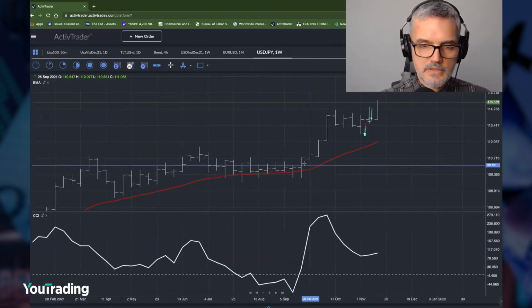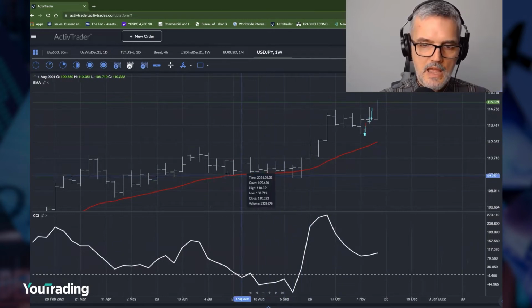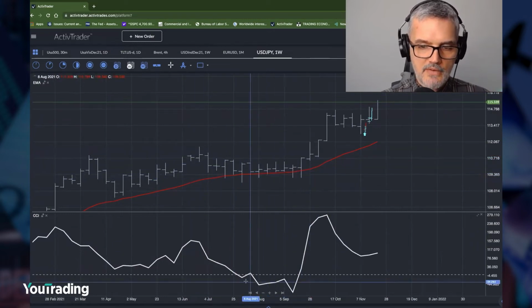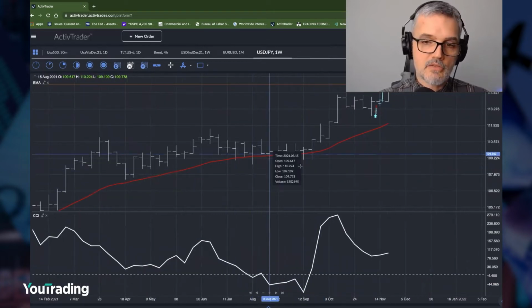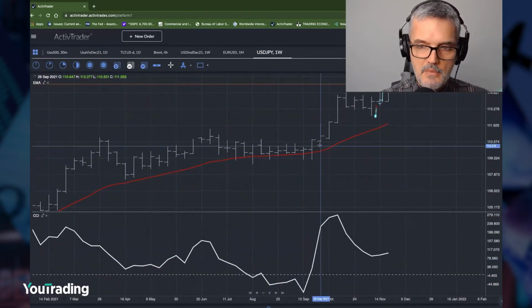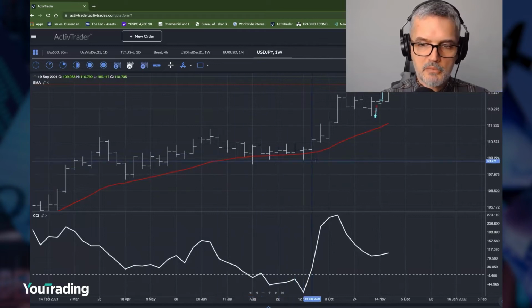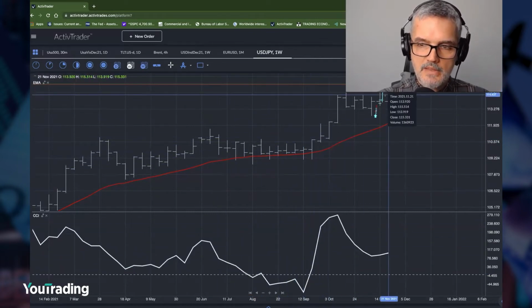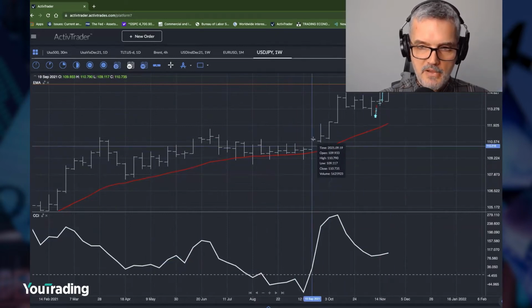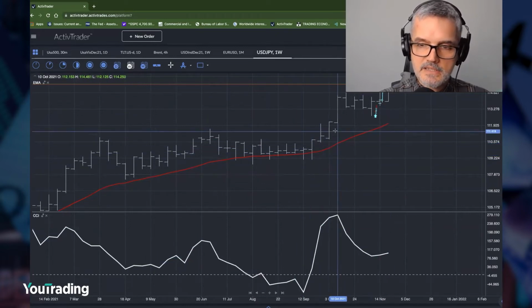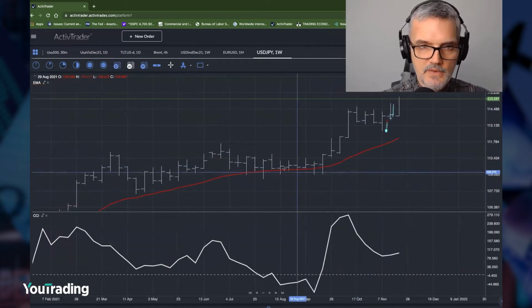If we just stick to recent times, we had a pullback to the 20-period moving average. CCI went underneath the signal line. We didn't get a reversal to go short, but we did get a pullback, and then people bought the dip, and then CCI indicator confirms that we're in this bullish move again from September as the weekly bars stay above the 20-period moving average.